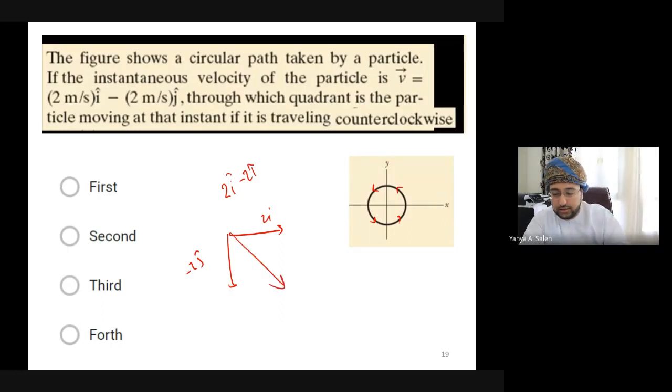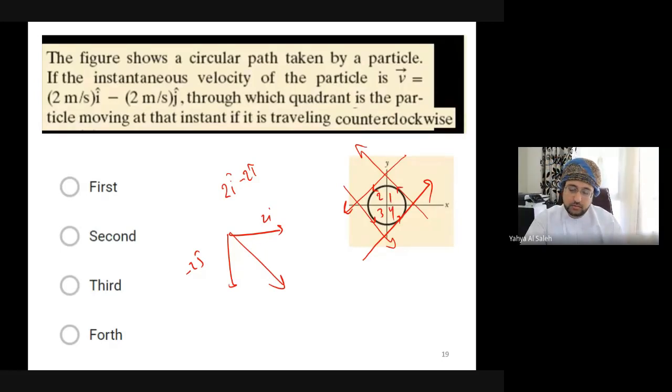Only now my arrows are in the opposite direction. So which one is it? 1, 2, 3, 4. It's going to be in 3.